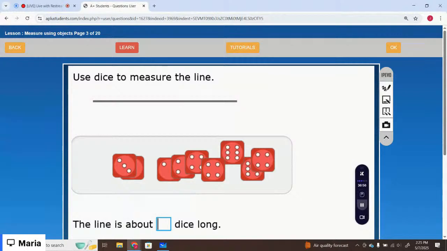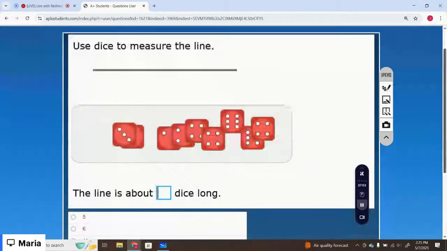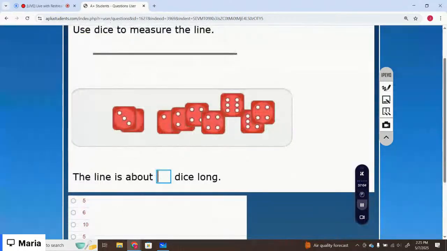Use the dice to measure the moon. So, what do you think? That is 10 dice long.